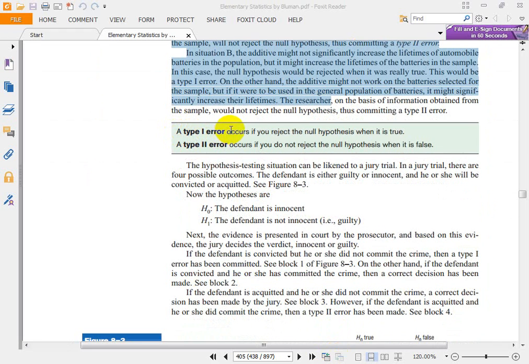A type 1 error occurs if you reject the null hypothesis when it is true. A type 2 error occurs if you do not reject the null hypothesis when it is false. Questions might come: what is the type 1 and type 2 error? Easy questions might not come, but probable questions are like this.